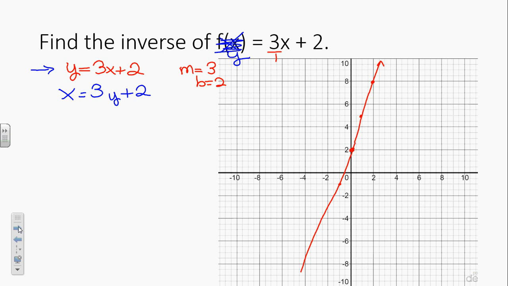Everybody's asleep on Monday. It's in what form? Slope-intercept. How do we get this into y equals mx plus b form? You guys know. Christian, how do I get it into y equals mx plus b form?